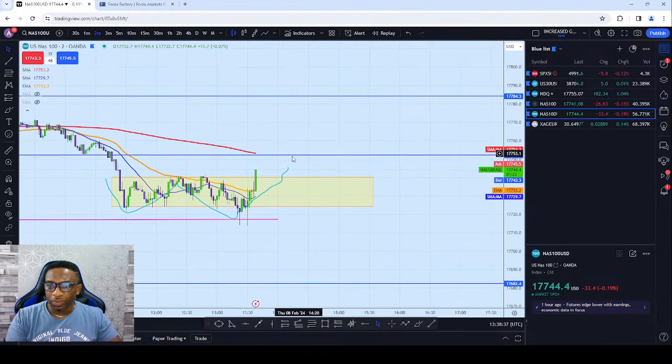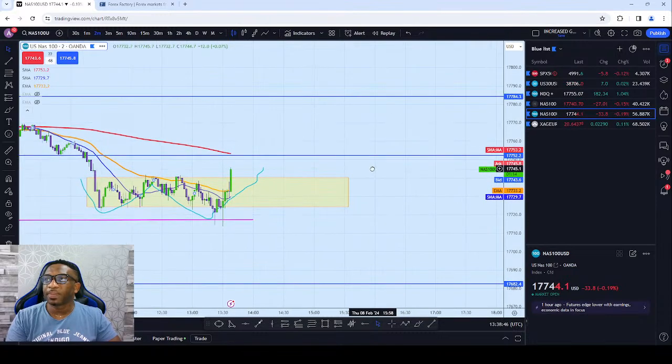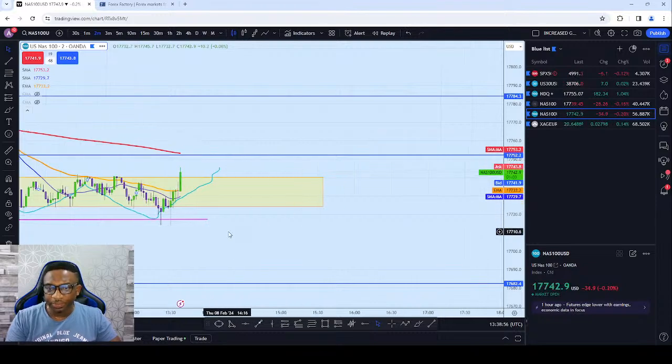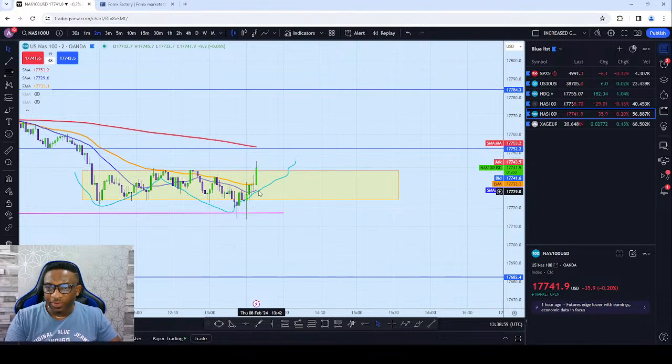Okay, let's do 2 minutes and see what's happening here. Over here, price has closed above the 20 moving average. It's pushing up at the moment. Ideally we could have gotten into it here, but nevertheless it's not too late.